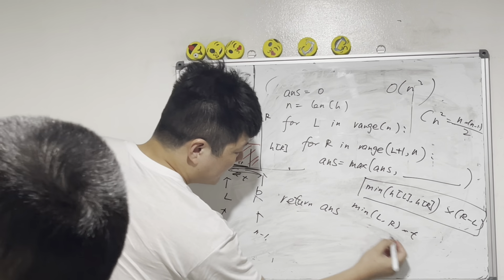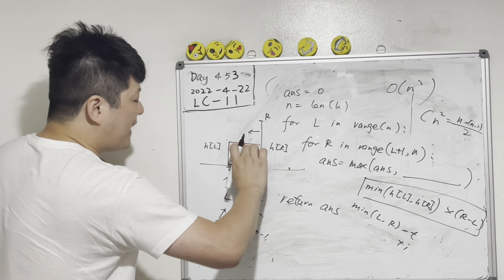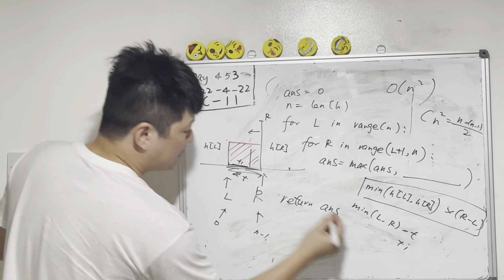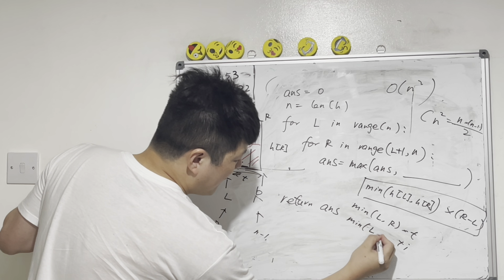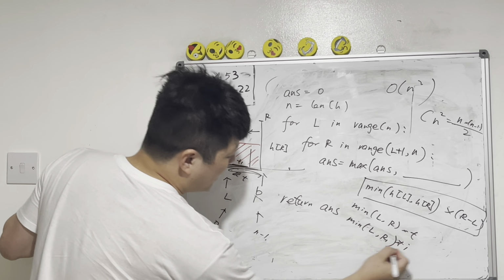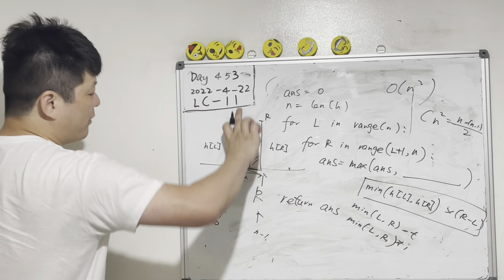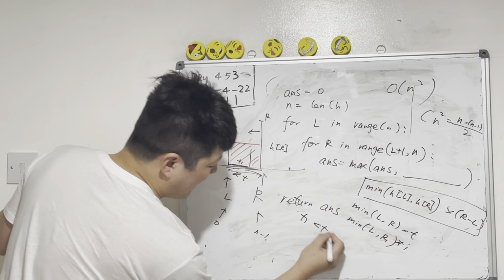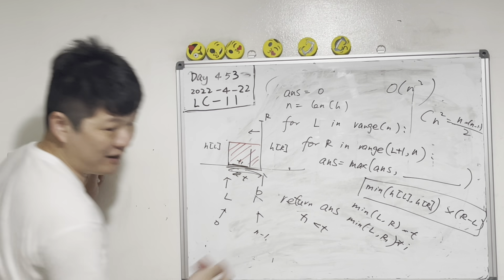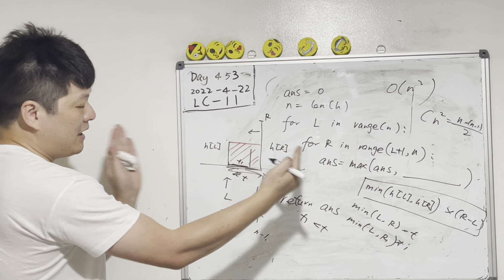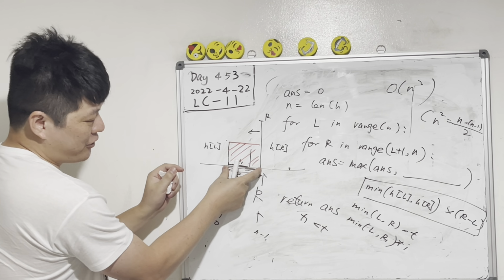And the height is min(L, R1). We are not sure how tall R1 is, right? It could be very tall, it could be very small. T1 is smaller than T, right? Yeah, because it moves towards each other, so it is smaller than the original.